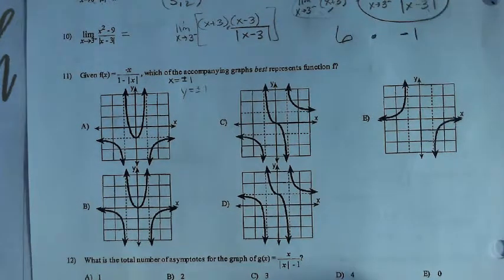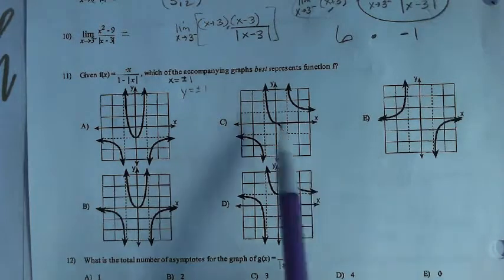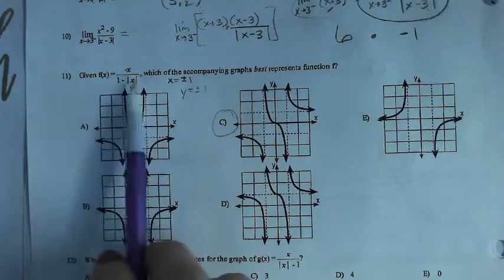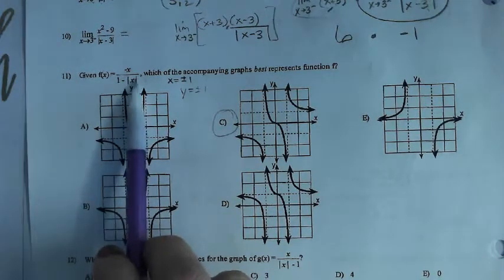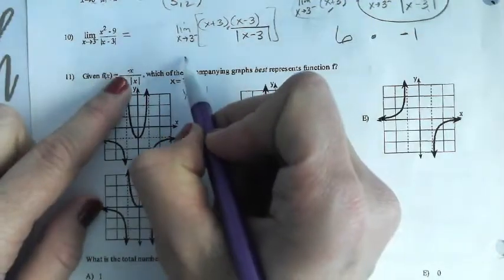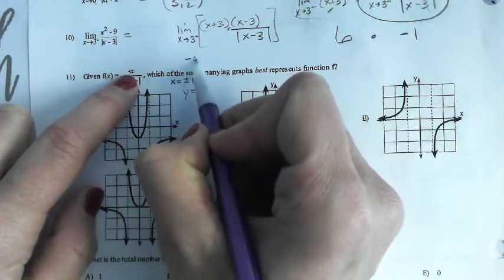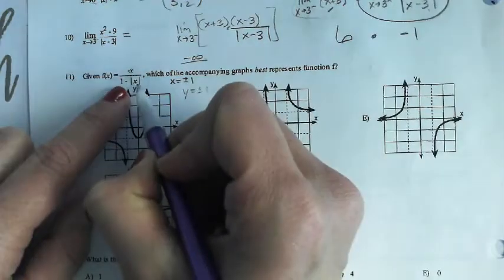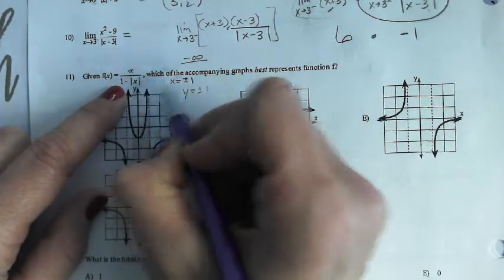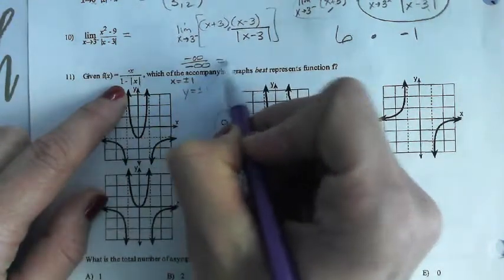So if you jump to 12, so let's look at this one, which would be C. Think about what happens as you approach positive infinity. If you approach positive infinity for your x, your numerator would be negative infinity, and your denominator would be 1 minus infinity, which would be negative infinity, which would be 1.